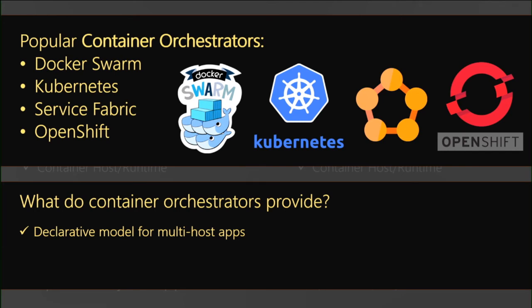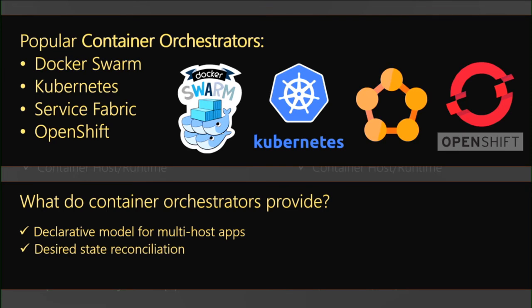But then we need to extend those kinds of abstractions in a multi-host environment to suit that environment. So that's the first thing that an orchestrator provides, a way to think about your applications in that environment. For example, Docker Swarm uses services. Kubernetes, a big piece of their abstraction is pods.